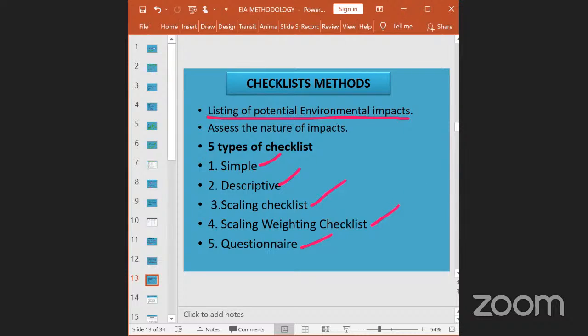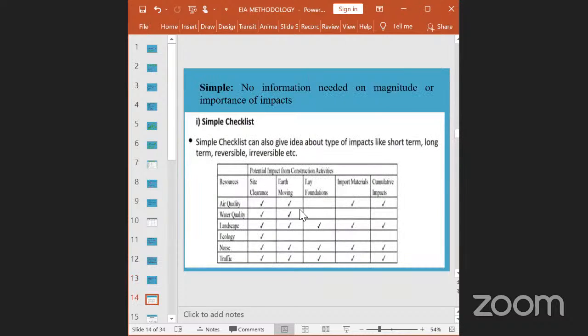In a simple checklist, we just list the questions, and in front of each question we mark right or wrong, or yes or no, for that particular question.